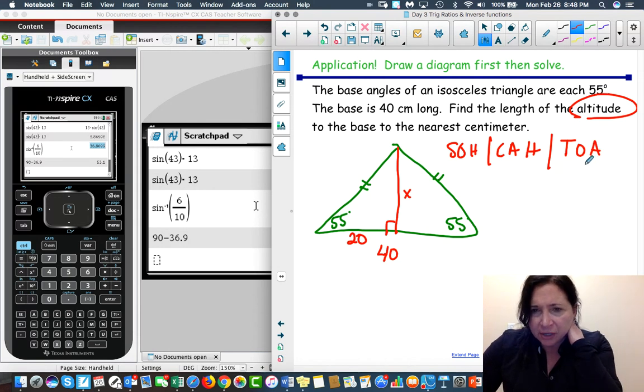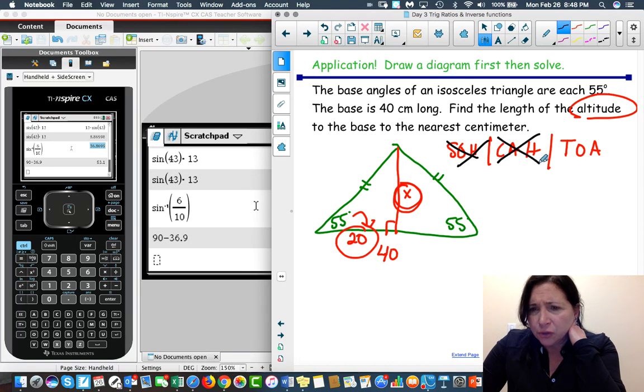Which of these functions is going to give me what I need? I need to find the opposite side. I have the adjacent side. I don't have the hypotenuse. So the values that use the hypotenuse are not going to be used. So we're going to actually use tangent.